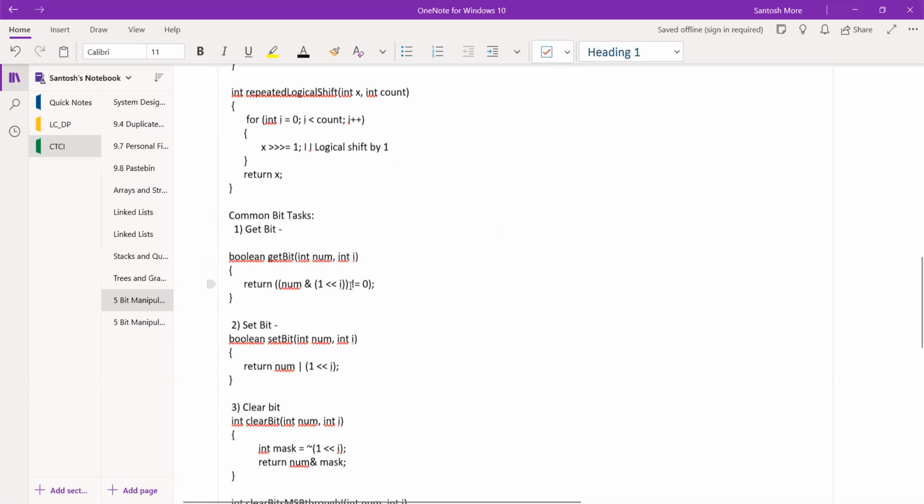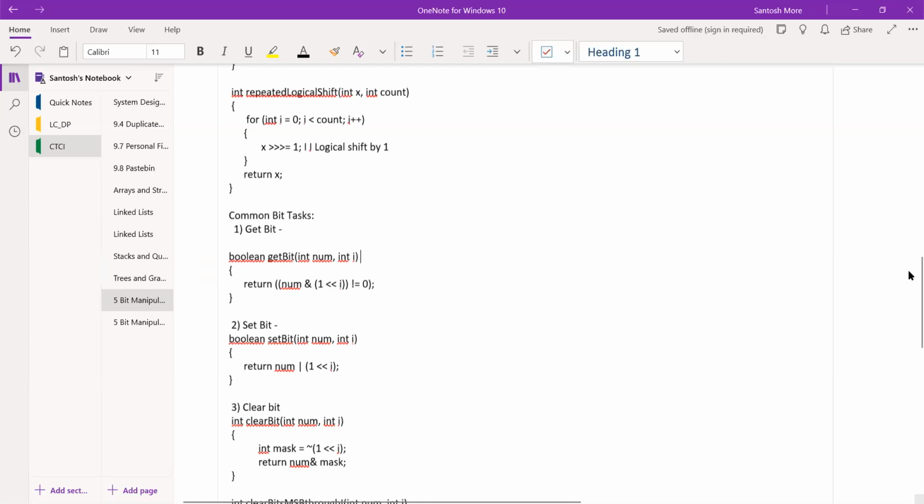If that result is not equal to 0, we return true, or if it is equal to 0, it returns false, right? So that is what the bit representation will be.